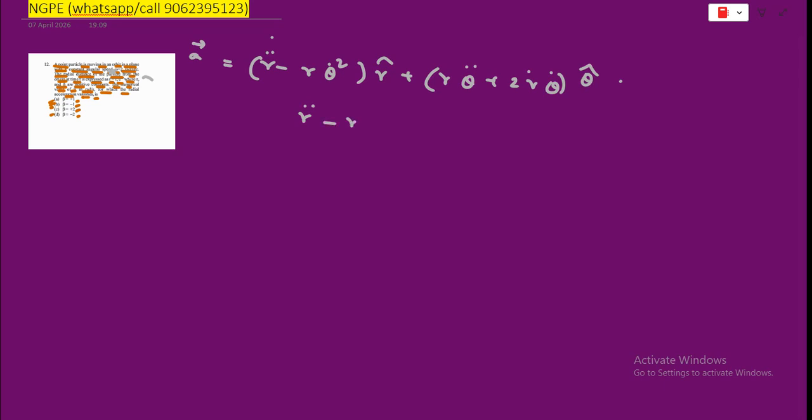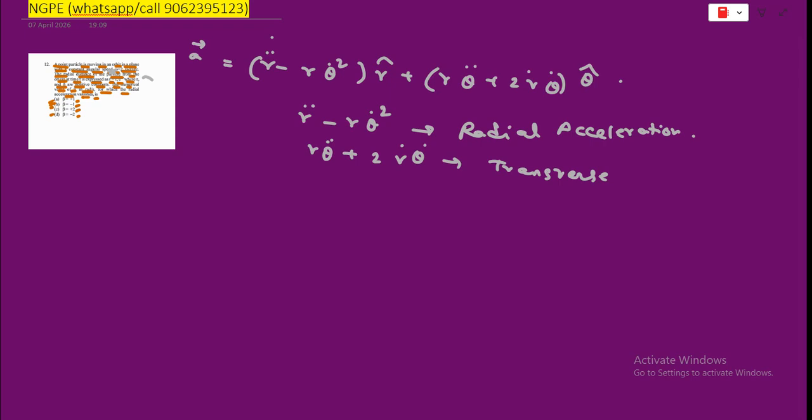This is the radial acceleration, and this is the transverse acceleration.